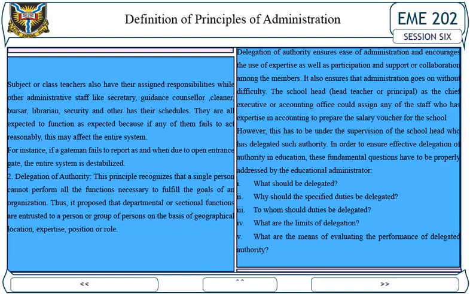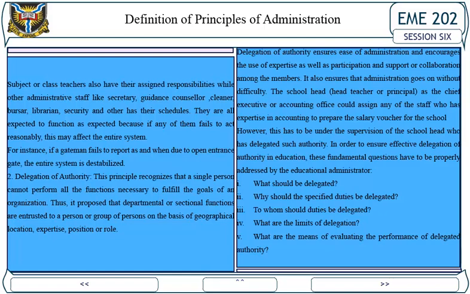The school head teacher or principal, as chief executive or accounting officer, could assign any of the staff who has expertise in accounting to prepare the salary voucher for the school. However, this has to be under the supervision of the school head who has delegated such authority.